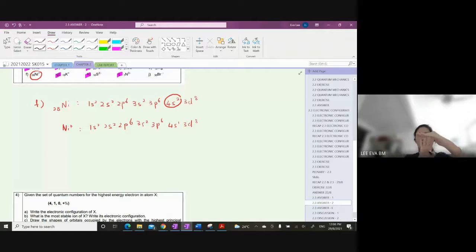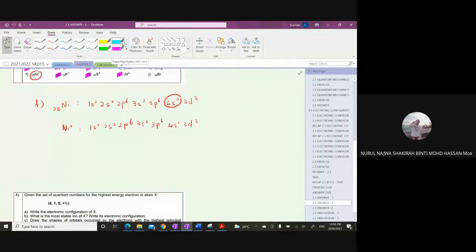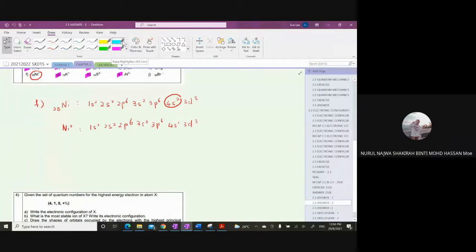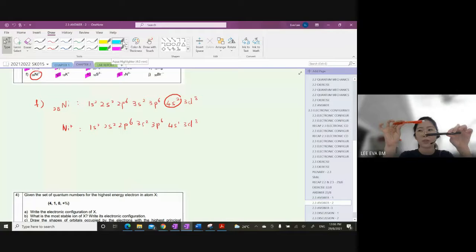So let's say you look at madam's hand, you can see my hands, right? Can you see my hand? What do you see? Red pen. Okay, red pen and also my black pen, right? So madam adjust dulu, you nampak dekat sini red pen rendah sikit kan? Okay, did you see? Yes, madam.